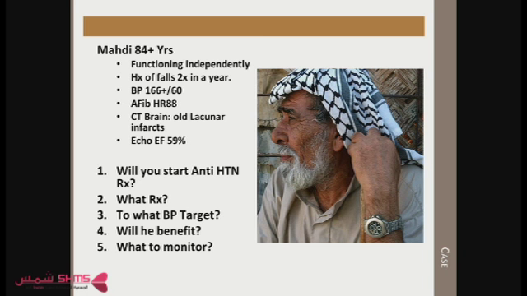I've been requested to be very short at the end of this morning session. However, this gentleman is almost 80 plus. He is functioning independently. Imagine if he loses his function, who will take care of him? He has some problems in his heart, atrial fibrillation, some neurological problems, some lacunar infarctions. This doesn't mean that he cannot function.